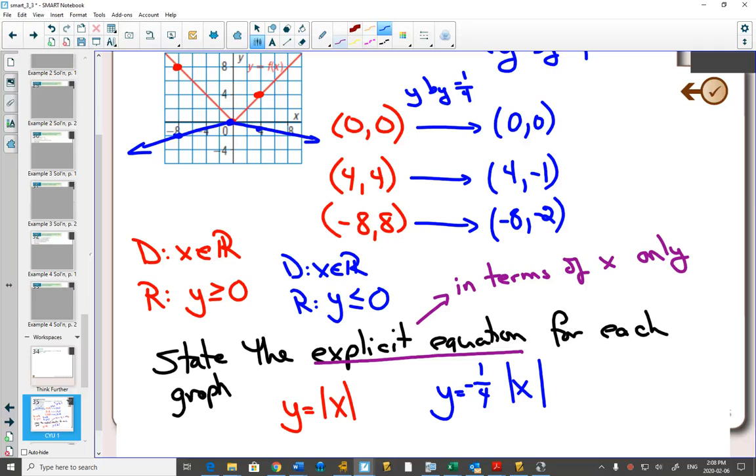Because the question said do -1/4 f of x, we're just replacing the f of x with the actual equation. Okay. Question for practice is number 3.